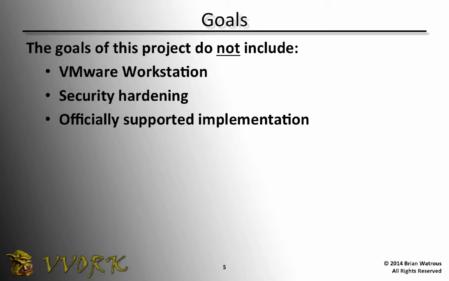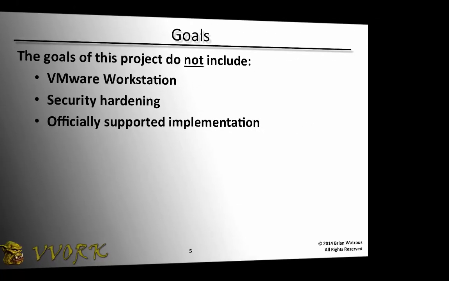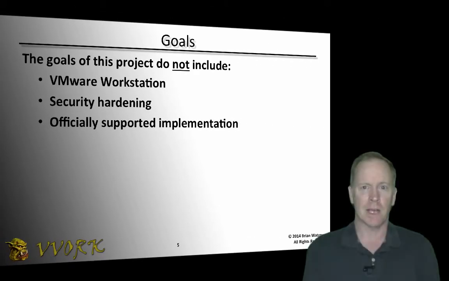For the viewers out there, if you are using a Linux machine or a Windows machine and you happen to have VMware Workstation, please feel free to use the techniques that I outline in this video series. You'll have to make some adjustments along the way, and I'd love to hear what you come up with.